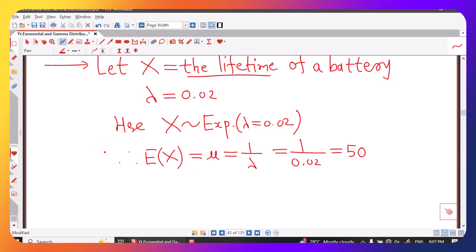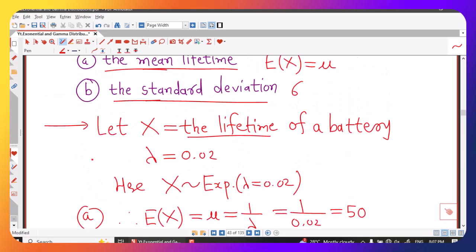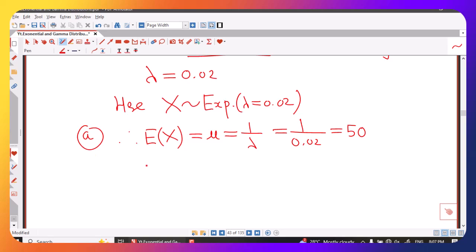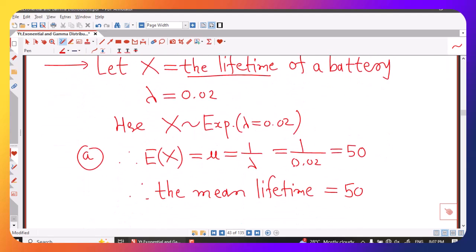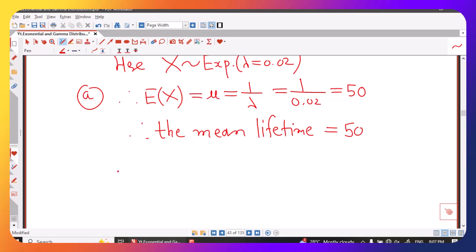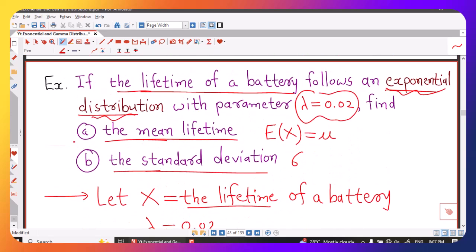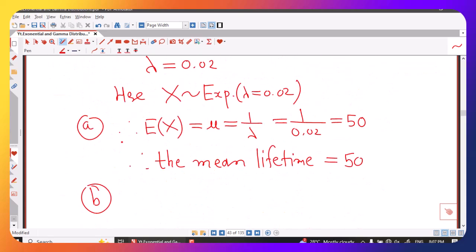And this is for the first part, that is the mean lifetime. Therefore the mean lifetime is equal to 50. Here they have not specified the units, so this lifetime can be in hours or any other unit, but we are not worried about the units here. We just have to write down the mean and standard deviation.